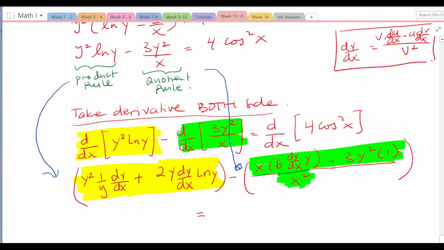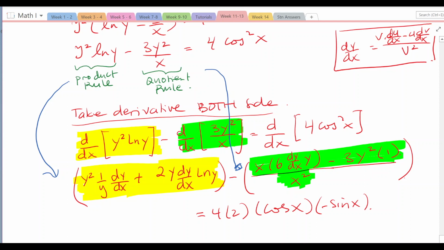The derivative of 4 cos squared x with respect to x is simply 8, yeah? 8 times the derivative of cos x, which is sin x. So the derivative of 4 cos squared x is 4 times 2 times cos x times the derivative of cos, which is negative sin.